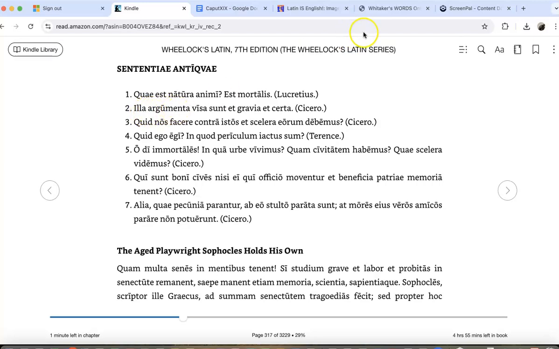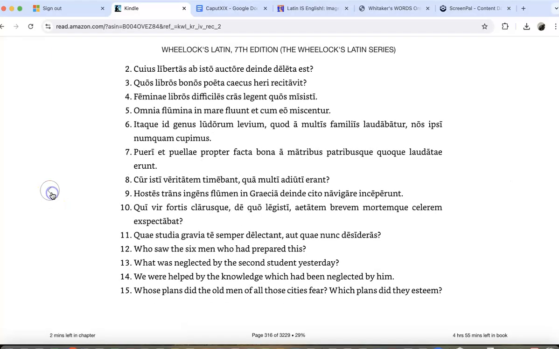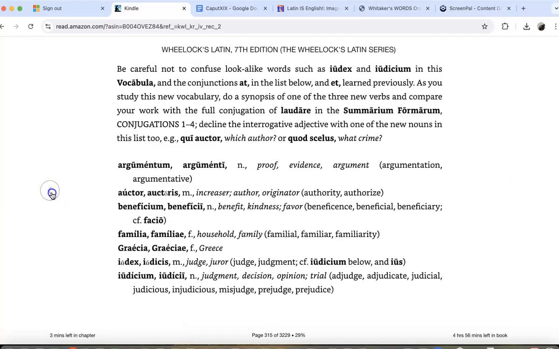So illa argumenta, this is where we want to make sure we know our vocabulary. I think this is one of our vocabulary words, if I'm not mistaken. Sure enough, argumentum, argumenti. N means neuter, not noun. So this is a neuter noun. So neuter plural is argumenta.